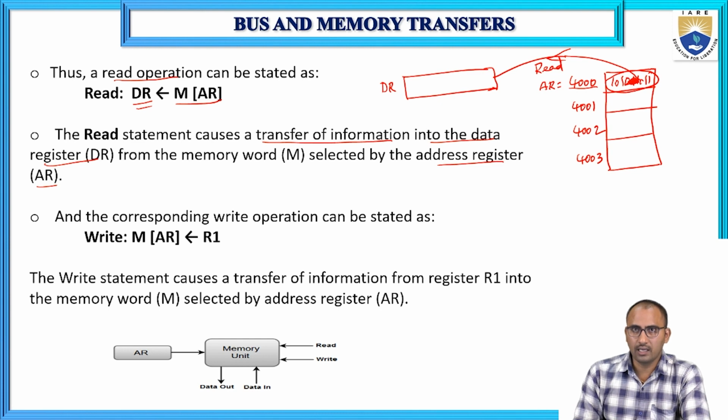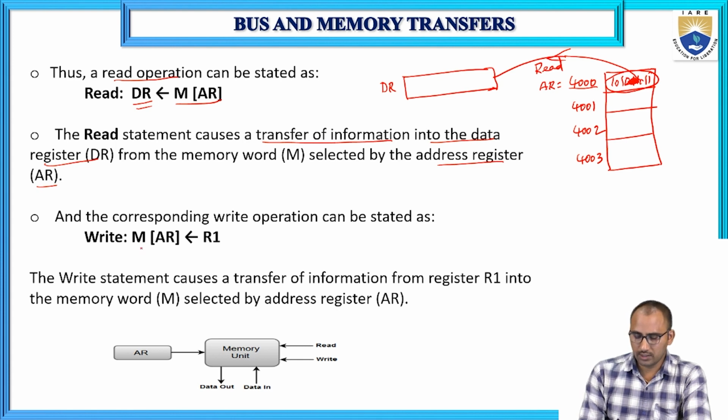Coming to the other operation, the write operation. A write operation is nothing but storing new information into the memory. Here you can see M[AR] ← R1. That means in the R1 register we have some information, and we are going to store that information in the memory location whose address is specified by the address register.